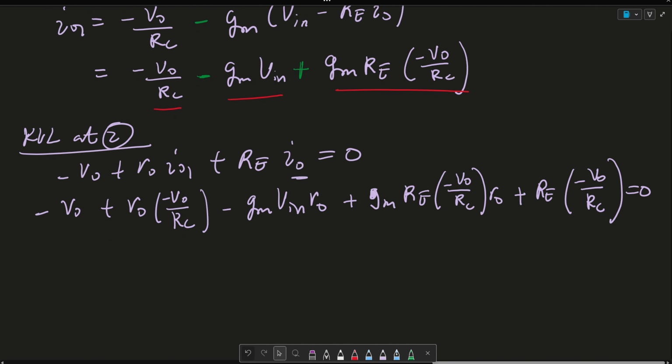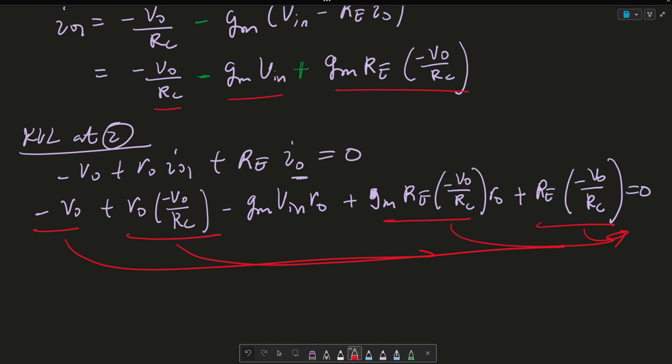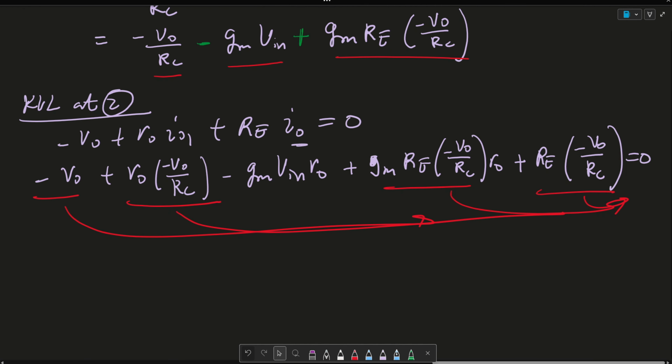Then let's move all the terms that have VOs in them to the right-hand side. So then we get that this is VO.